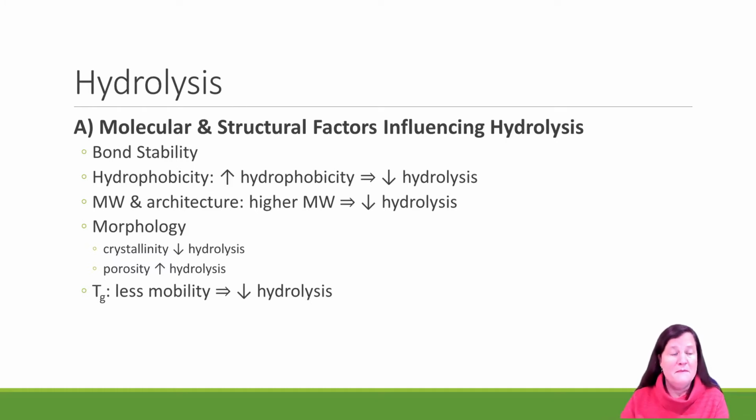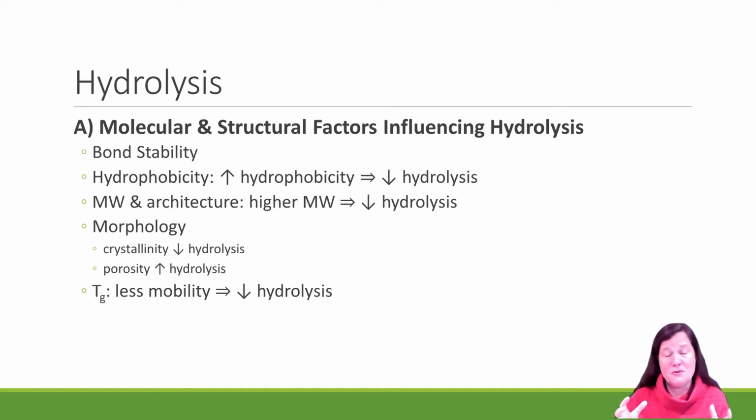Okay, so the first one is bond stability. If a bond is readily hydrolyzable, it's going to degrade faster than a bond that does not degrade readily with water. Then we move on to hydrophobicity and hydrophilicity.